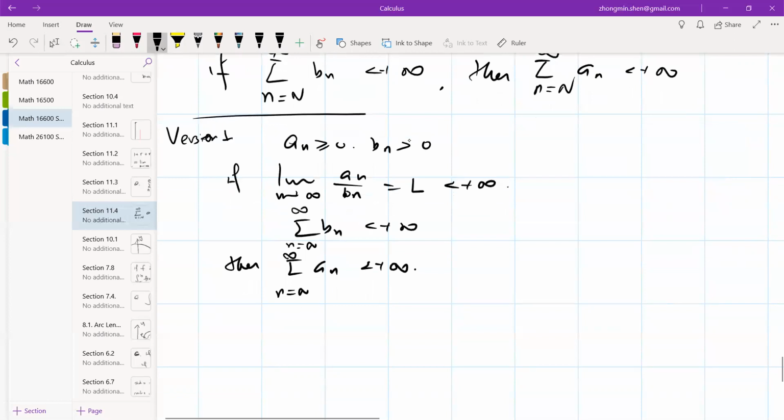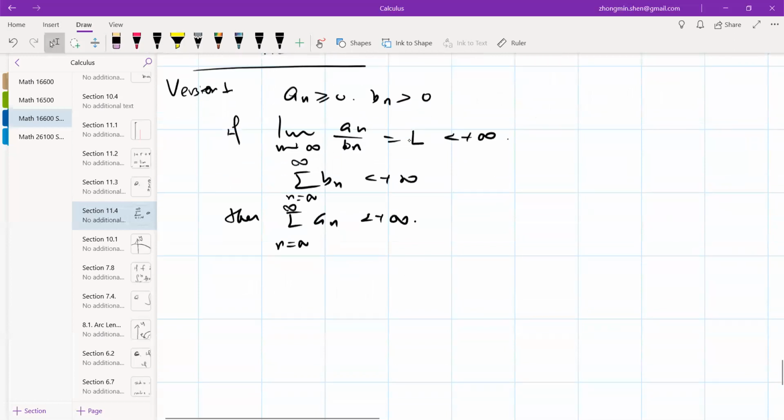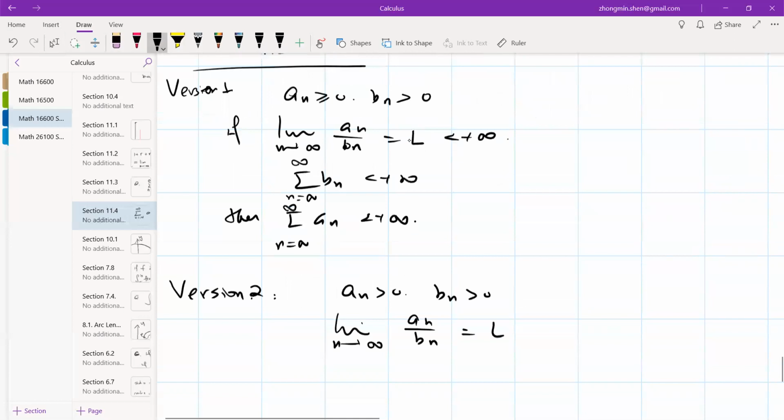The second version: a_n is positive, b_n is positive, and the limit exists, but this L is between 0 and infinity. It's a positive finite number.